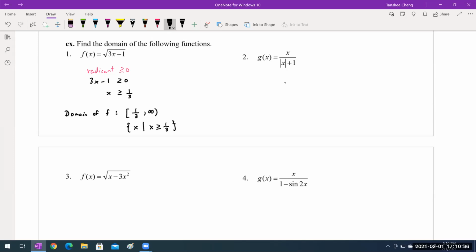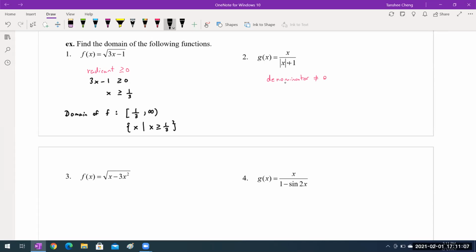Next example is a rational function, but in the denominator I have an absolute value function. So we know that in rational functions, what we need to consider is the denominator cannot be equal to 0.